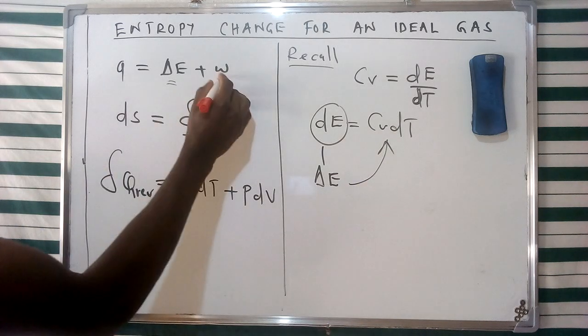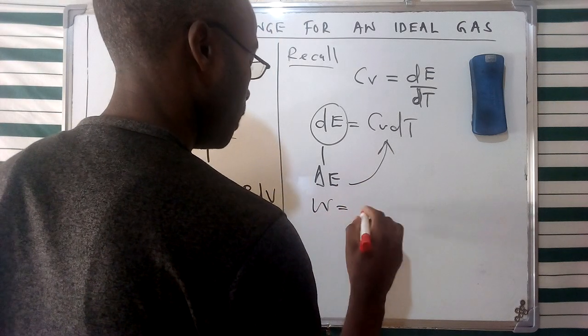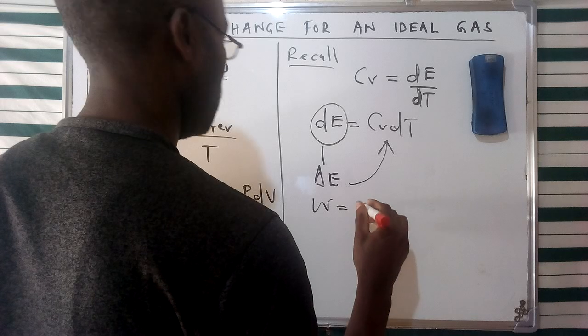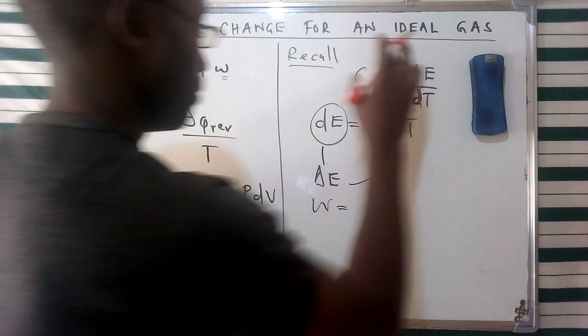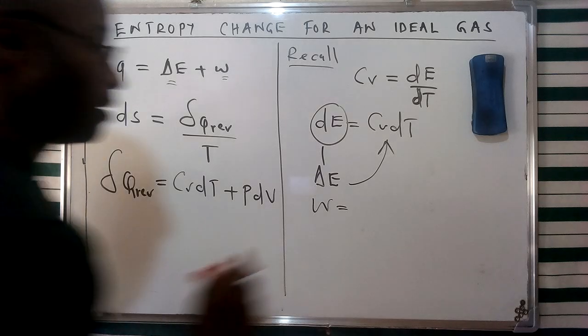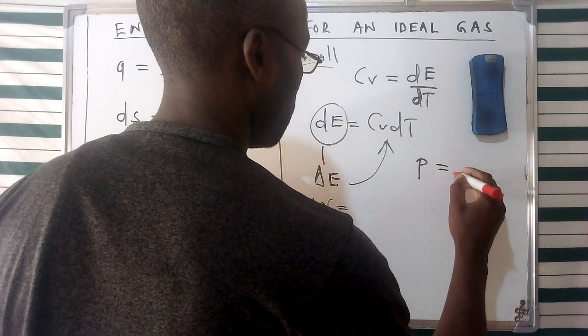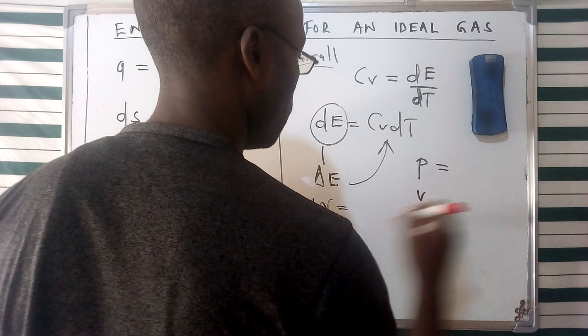And we had said that, to comprehend the concept of work, work is represented, for the case of a compression or expansion of a gas, by considering the pressure that is applied and the volume change.